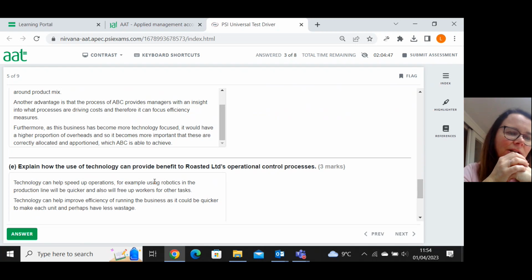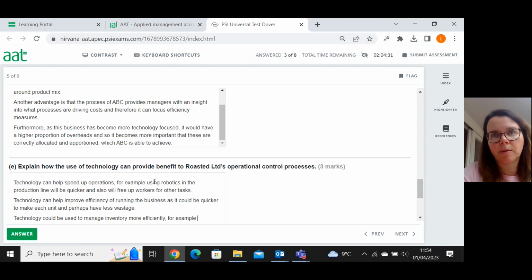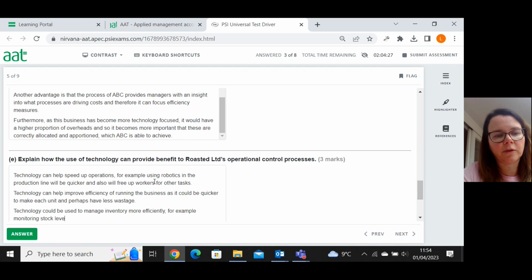What else can technology do? Technology could be used to manage inventory more efficiently, I'm thinking. For example, monitoring stock levels and automating the ordering process.